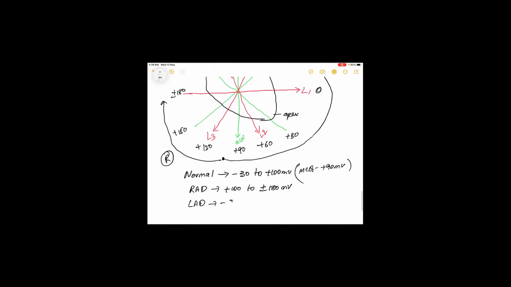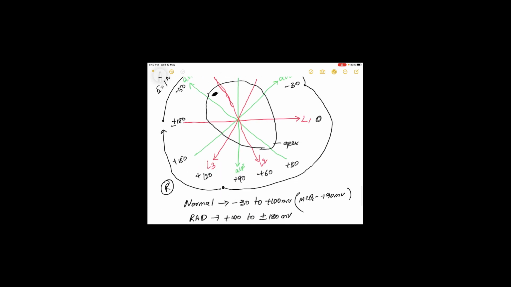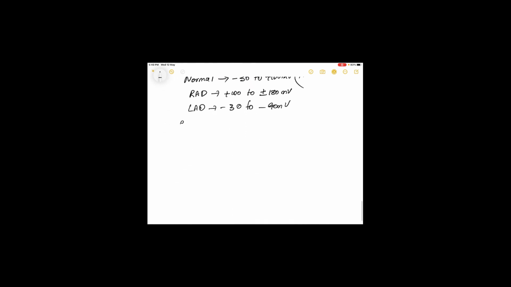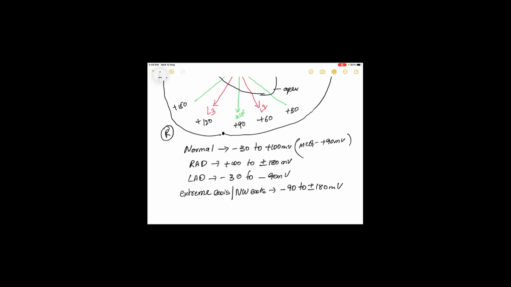The remaining part, from minus 90 to plus or minus 180, will be called extreme axis or northwest axis deviation. So these are the various degrees contributing to various axes: normal axis, right axis, left axis and extreme axis deviation.